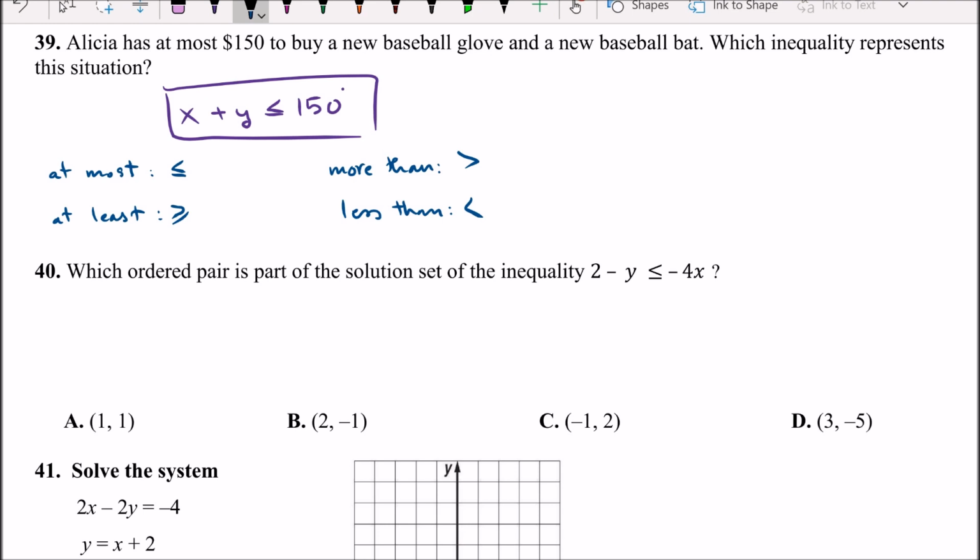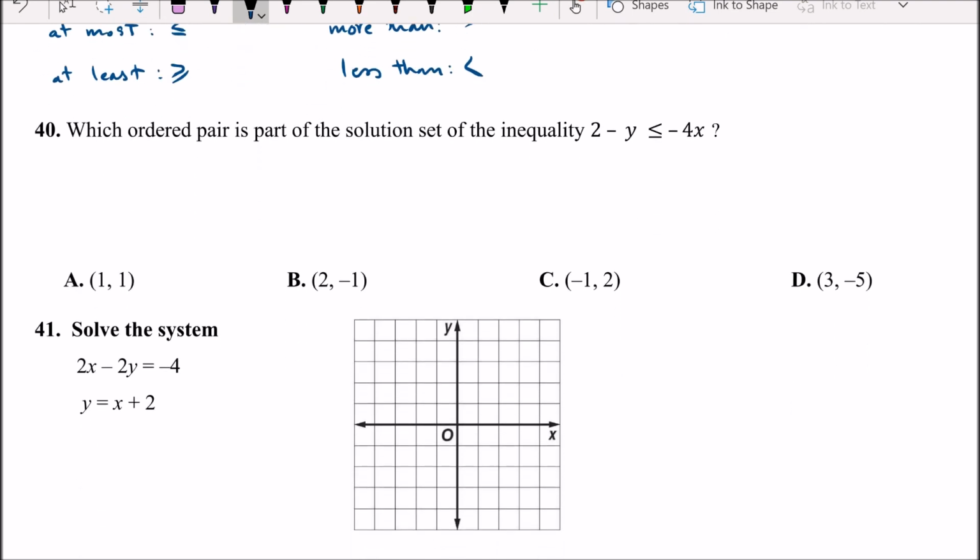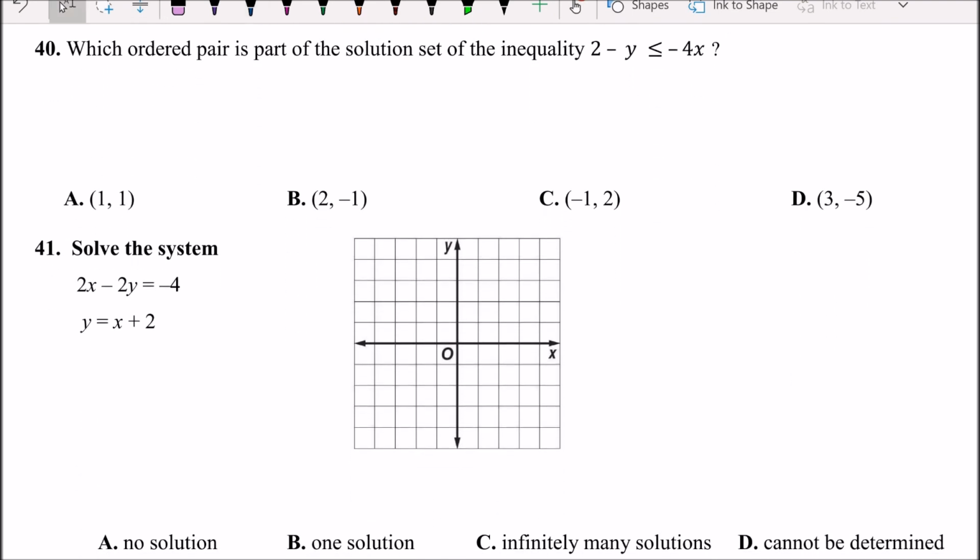Alright, number 40. Which ordered pair is part of the solution set? They give you 2 minus y less than or equal to negative 4x. So all we need to do is check each point. We're going to plug it in.